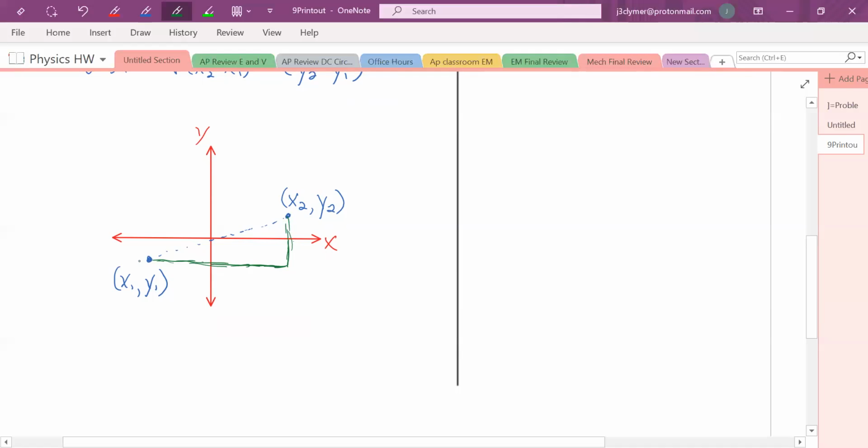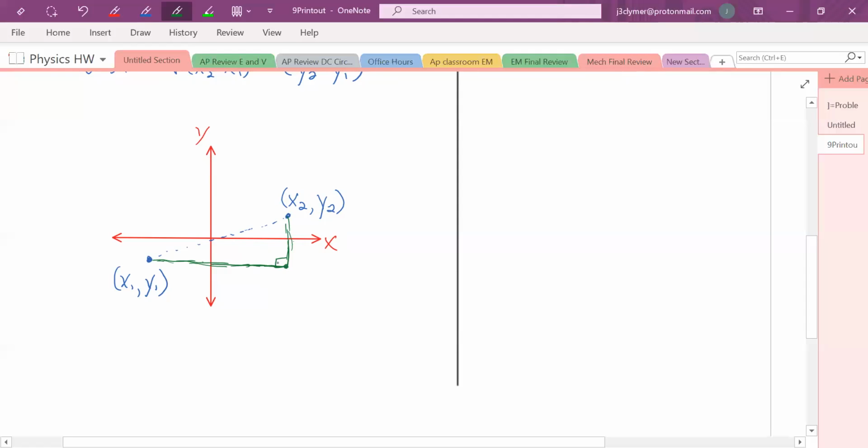I can use this line that connects these 2 points and think of it as the hypotenuse of a right triangle. I can make a completely horizontal line going over, and then a completely vertical line going up from there. Where the vertical line meets the horizontal line would be the vertex of that right triangle, and that's where the right angle would be.